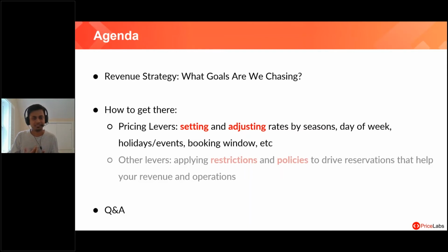For example, if I don't want short bookings, I can use minimum stay restrictions to do that. So we are not going to speak as much about restrictions and policies. This session is more about rates themselves. And then, if we have time in the end, we'll have a Q&A. If you have questions in the middle, feel free to put them in earlier as well.